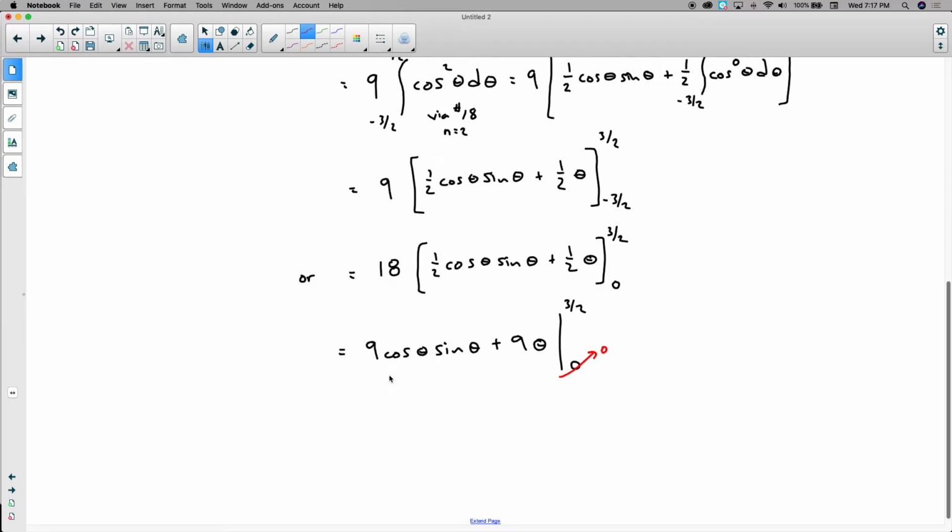The sine of 0 is 0, so this piece goes away and that piece clearly goes away. So then all that's left to do is drop in the cosine of 3/2 times the sine of 3/2 and put it there as well and get, I guess, 27/2.